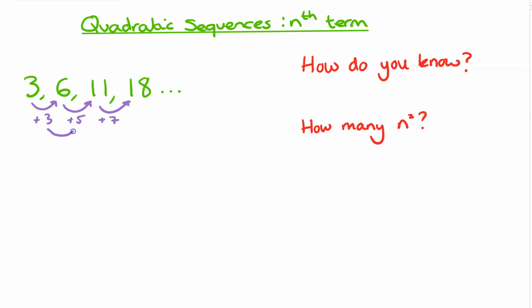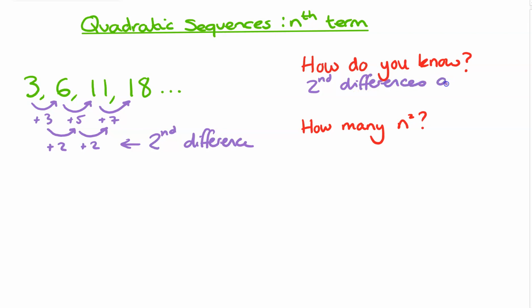However, if we look at those differences, they go up by 2. This is called your second difference. So the how do you know is: second differences are the same.